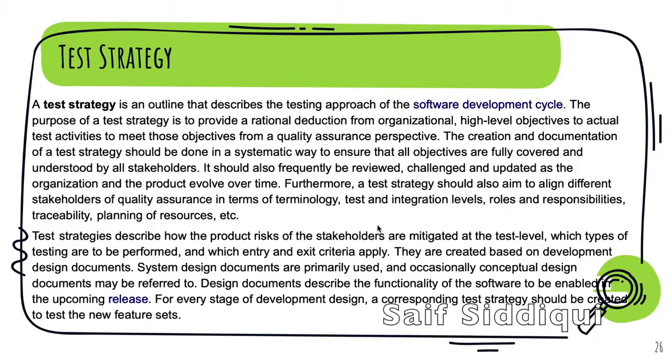Furthermore, a test strategy should also aim to align different stakeholders of quality assurance in terms of terminology, test integration levels, roles and responsibilities, traceability, planning of resources, etc. Whatever we are defining in test strategy, the objective should be clear to everyone, and all the stakeholders should have some common understanding.